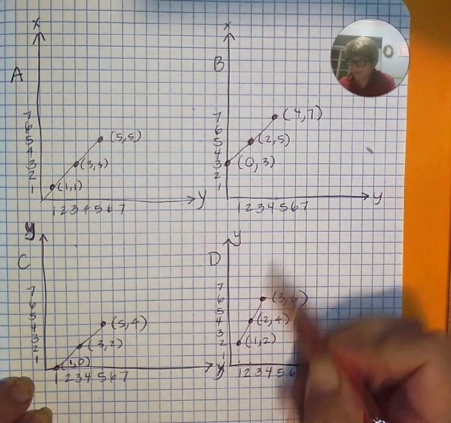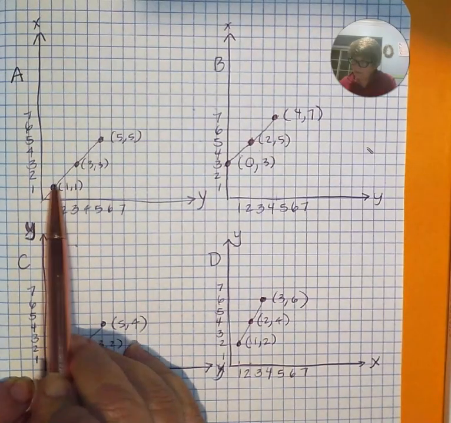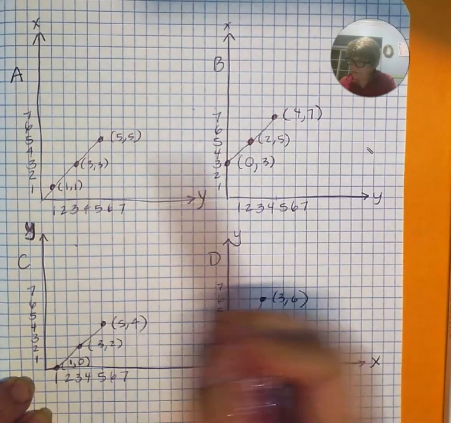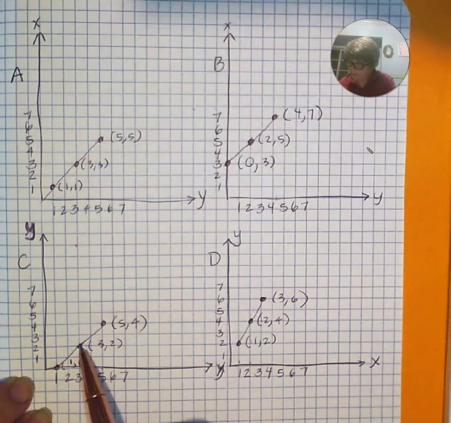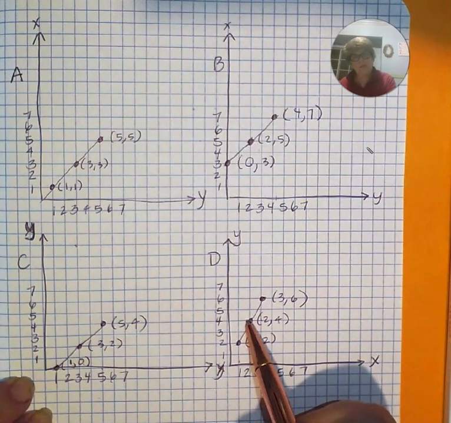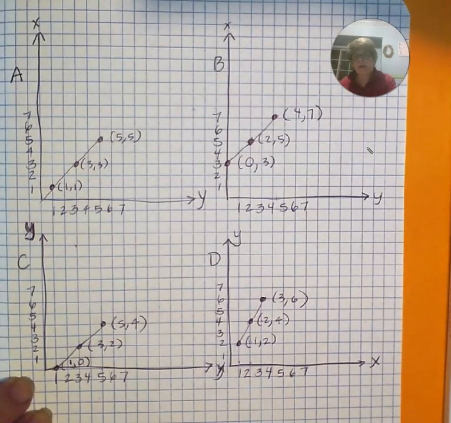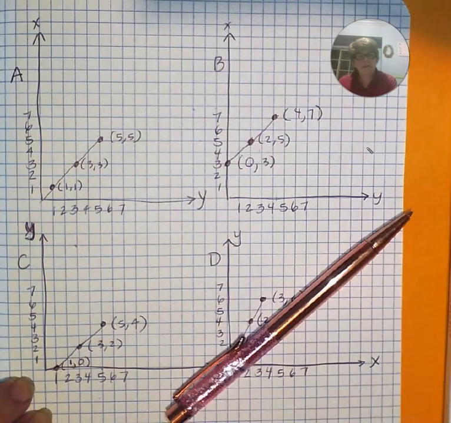So our pattern is a little bit different. This one has going across 2 and up 2. This one has going across 2 and up 2. This one has going across 2 and up 2. This one has going across 2 and up 1. Okay, so we're just looking at how they're the same, how they're different, what we notice about our patterns there, right?